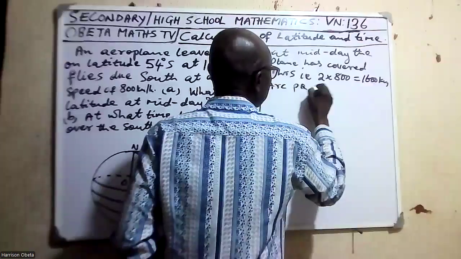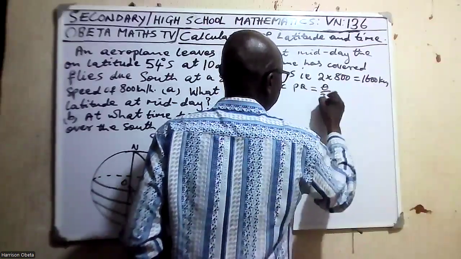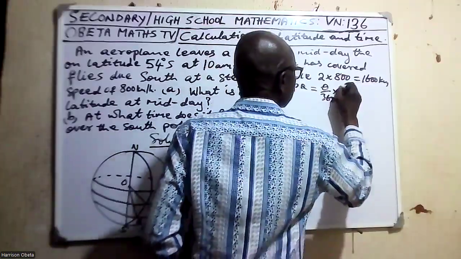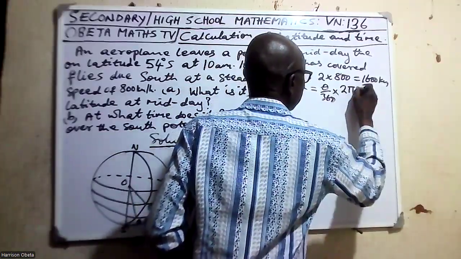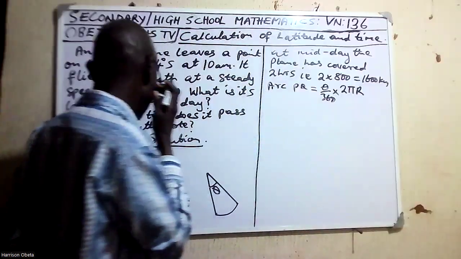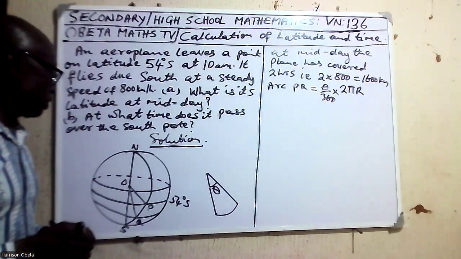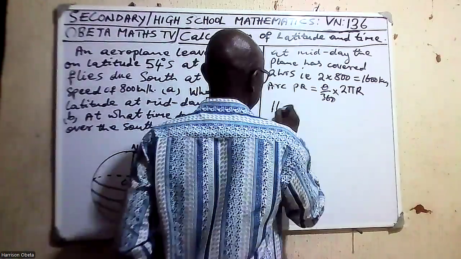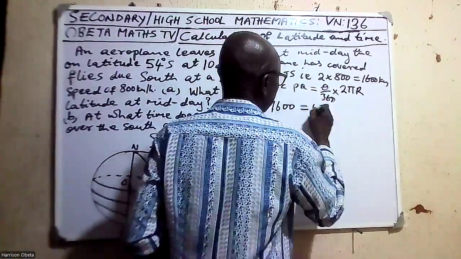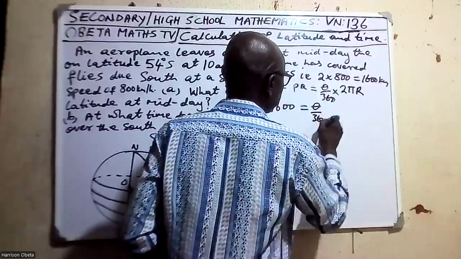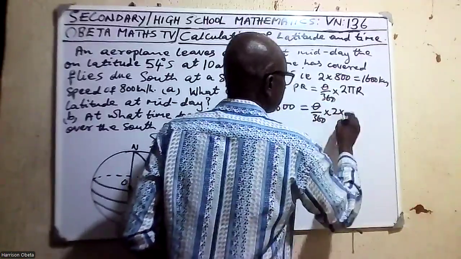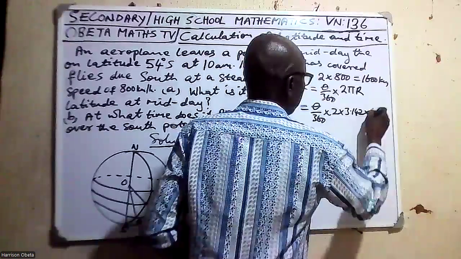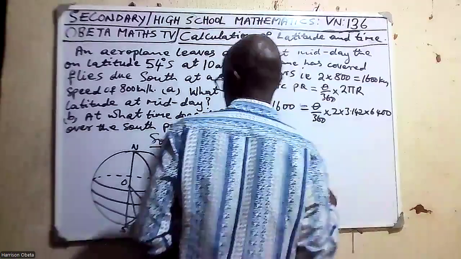PQ is equal to theta over 360 times 2 pi r, because we are talking of a great circle. So that means we have 1,600 equal to theta over 360 times 2 times 3.142 multiplied by 6,400.